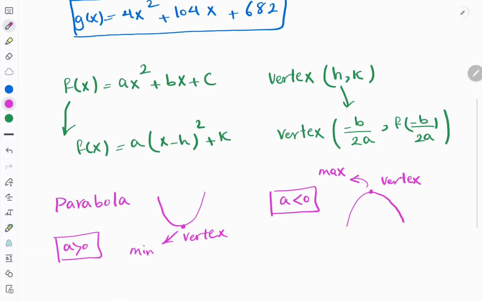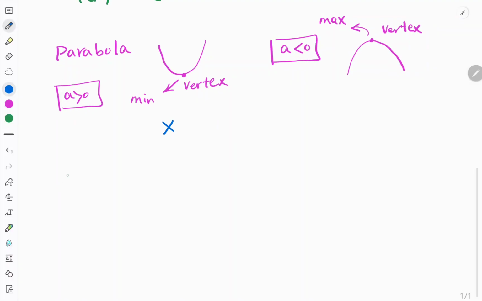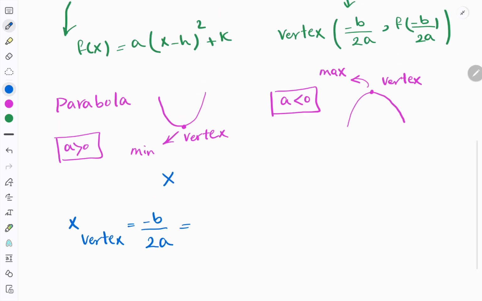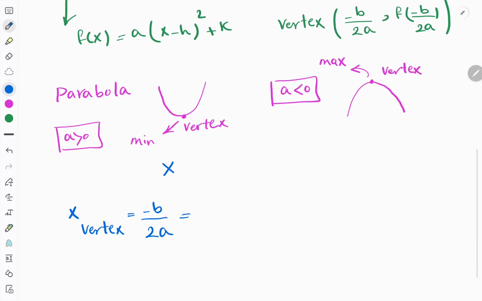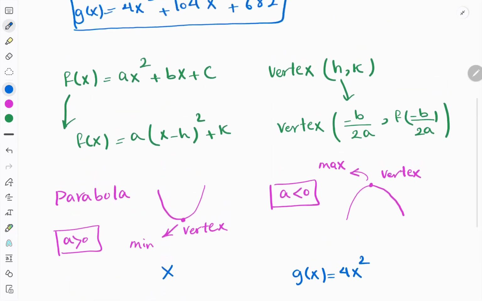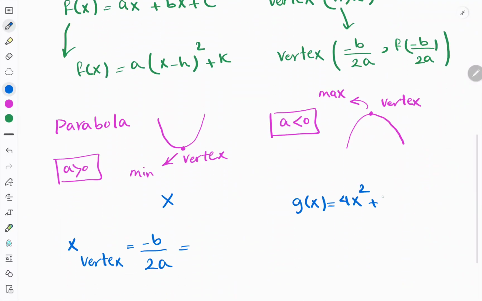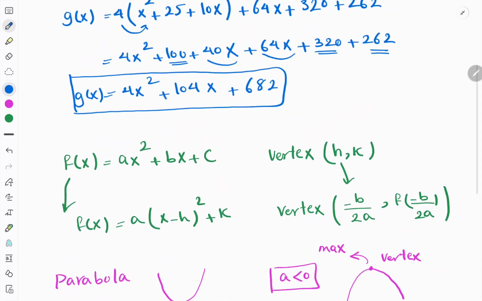Okay, so for this one, we are talking about this scenario. For finding the minimum, we need to find the vertex. Okay, so x of vertex is negative b over 2a. And in this case, we know that g of x was 4x squared, let me check, yes, plus 104x plus 682.